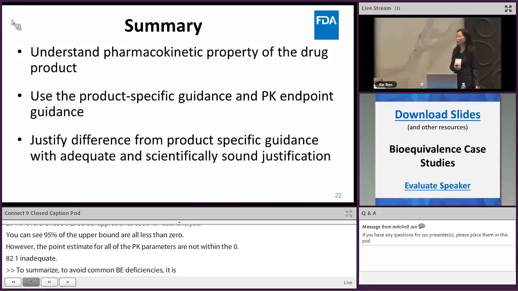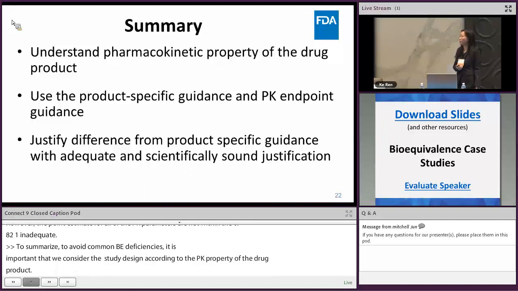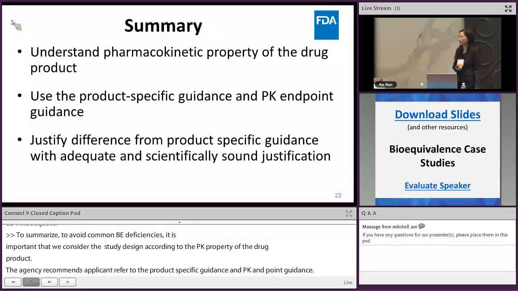The agency recommends applicants refer to the product-specific guidance and the PK endpoint guidance. If the applicants propose a different approach from the product-specific guidance, please include adequate and scientifically sound justifications in the summary.